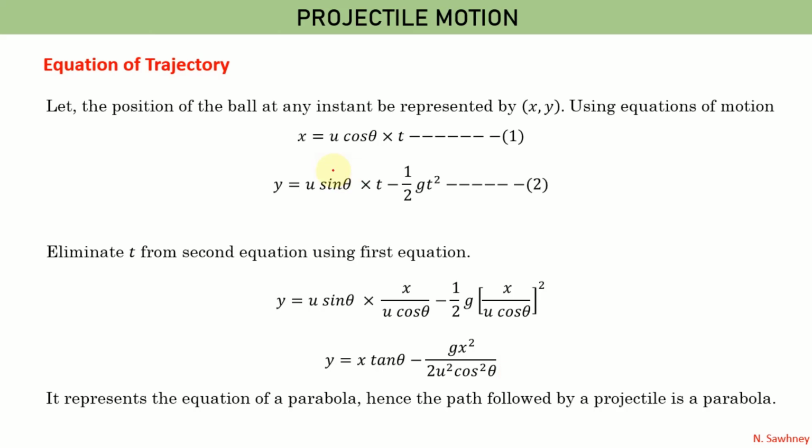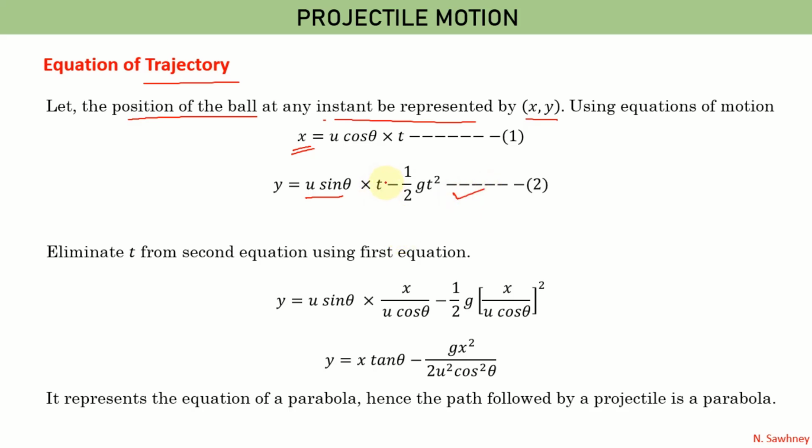Now let us calculate the equation of trajectory, that is the path followed by the object. For this, let us consider the position of the ball at any instant as x, y, that is the coordinate. Using the equation of motion, we can write the x coordinate as u cos theta into t, as there is no acceleration, and for the y coordinate we can write down, the vertical component of the velocity is u sin theta, so y equals u sin theta into t minus half g t square.